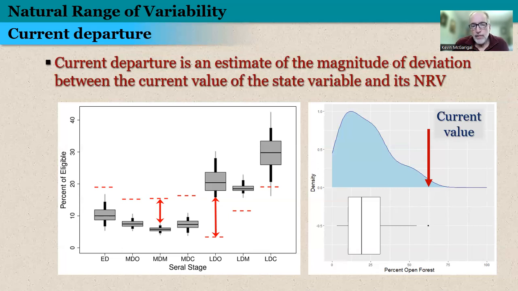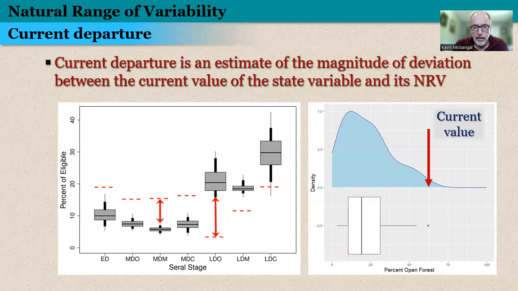On the right, for a different variable that is more appropriately represented as a continuum, we have a continuous distribution in the percent of the landscape in an open forest condition, given by the kernel density plot in the top half, which is simply a continuous depiction of essentially the relative probability of the landscape having any particular value of percent open forest in this case. The NRV distribution is given by the area under the curve.